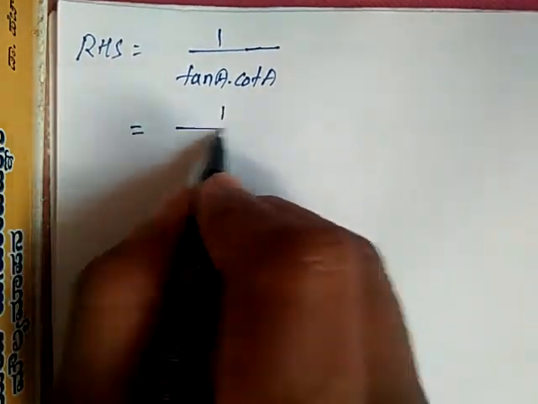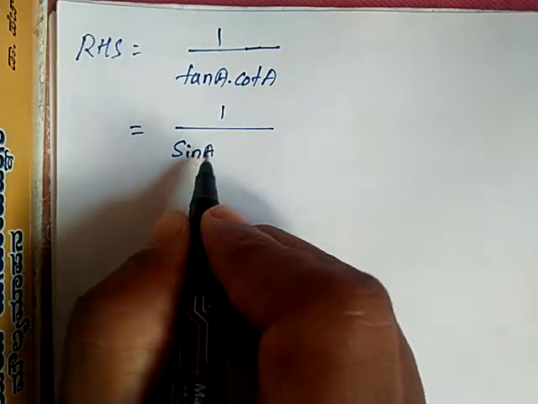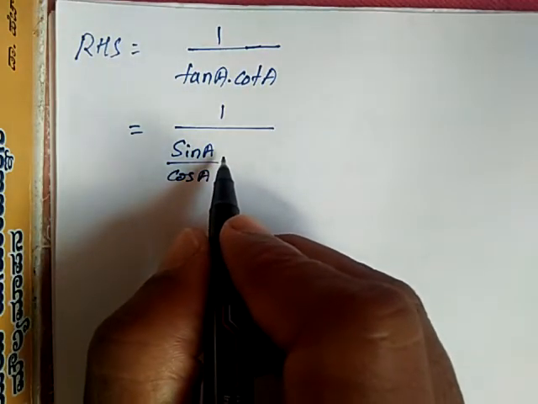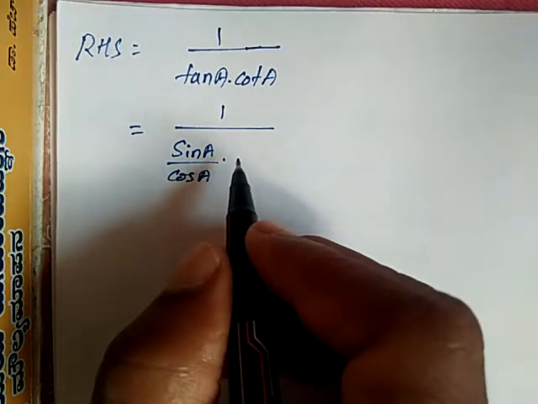So this can be written as 1 by (sin A divided by cos A) plus cot A is given what?